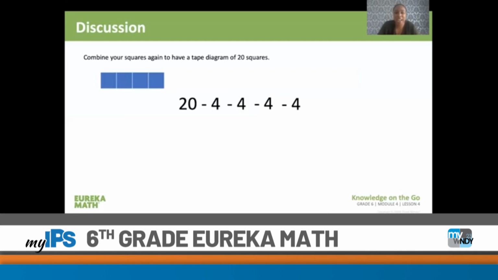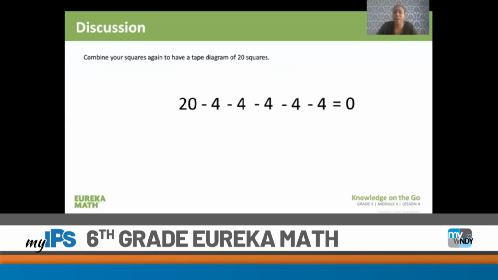Now let's take away our last 4 square tiles. How many are we left with? 0. Good. Let's alter our expression to reflect what we just did. 20 minus 4 minus 4 minus 4 minus 4 minus 4 equals 0.